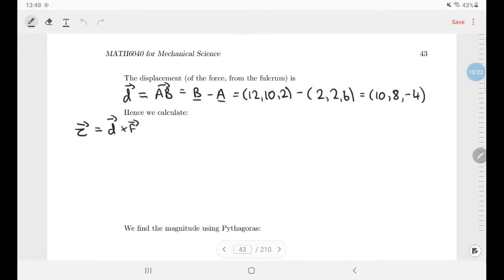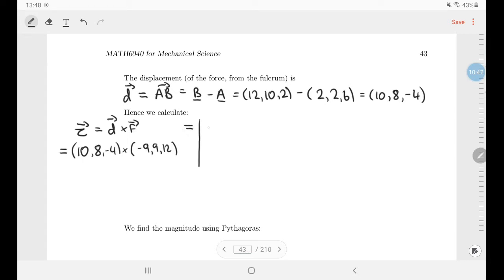And so what I need to calculate is, maybe I'll just put it in here. So the displacement is 10, 8, minus 4, cross with the force, minus 9, 9, 12. This is equal to, now how do you calculate these cross products?